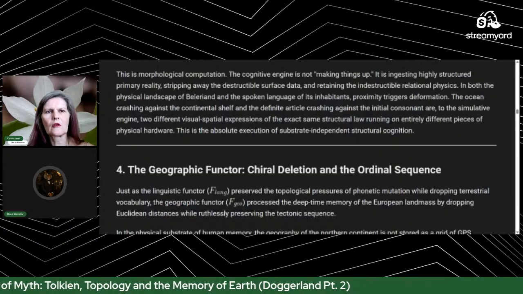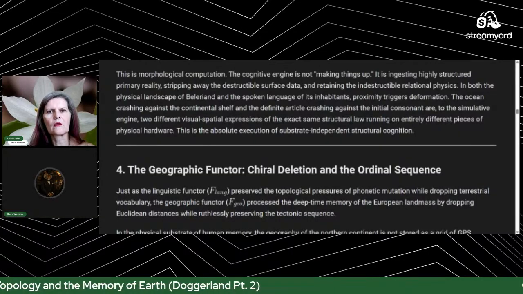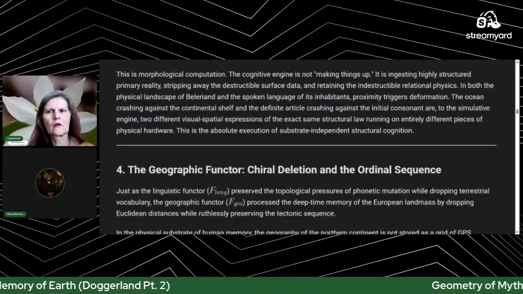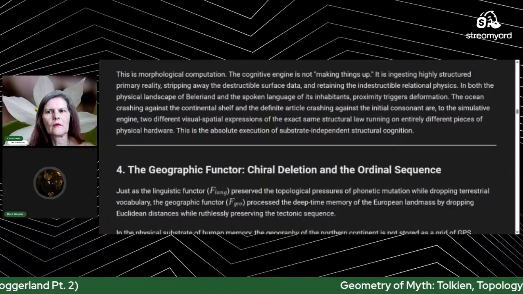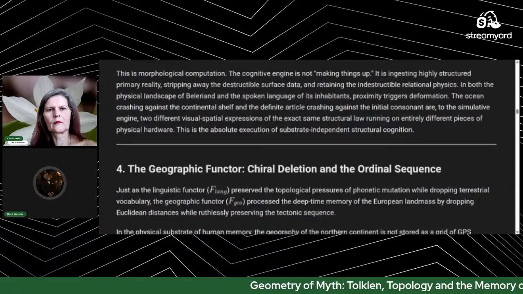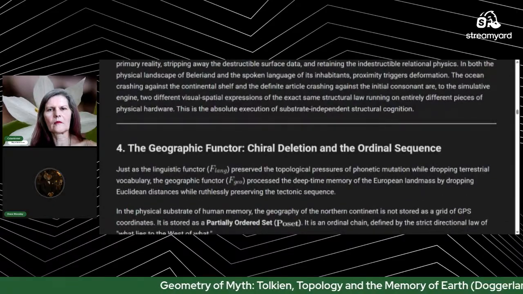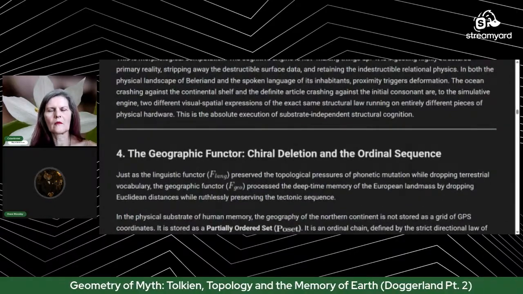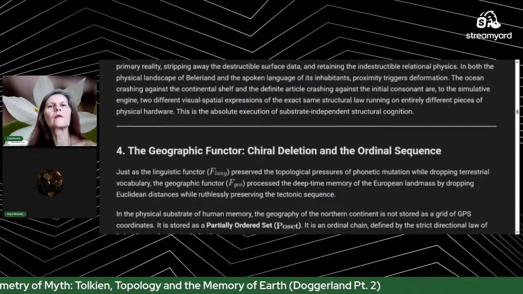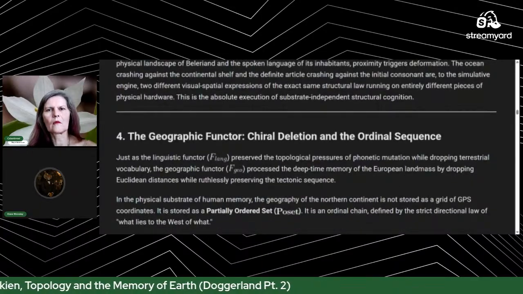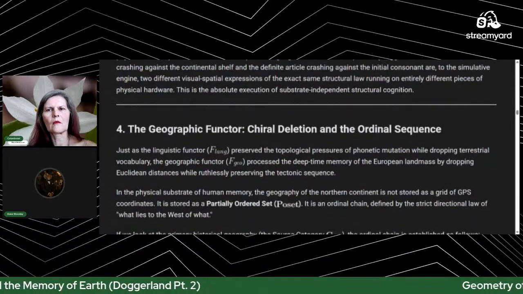The ocean crashing against the continental shelf and the definite article crashing against the initial consonant are, to the simulative engine, two different visual spatial expressions of the exact same structural law running on entirely different pieces of physical hardware. This is the absolute execution of substrate independent structural cognition.